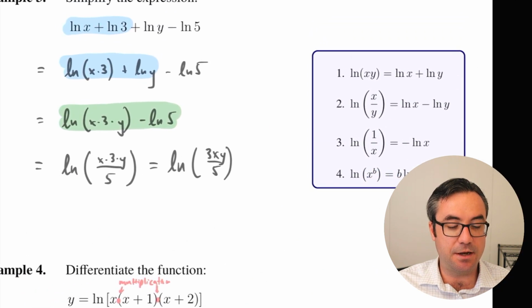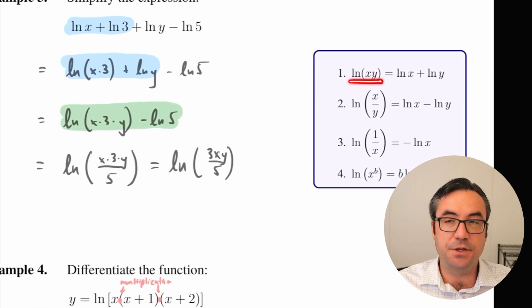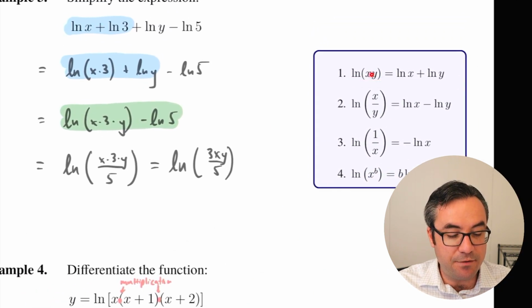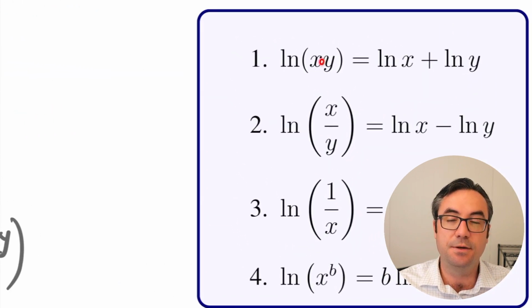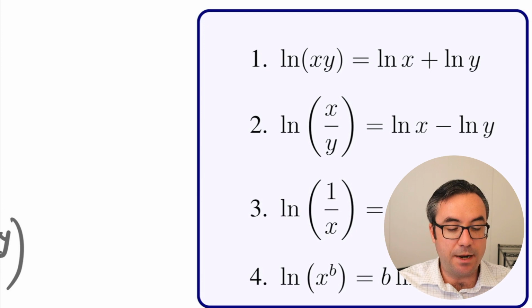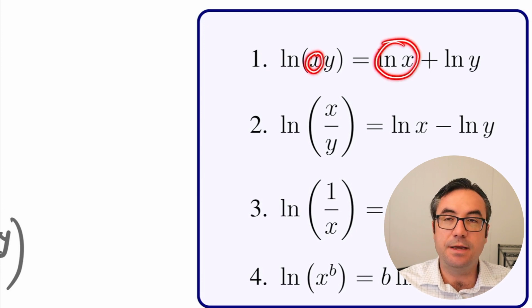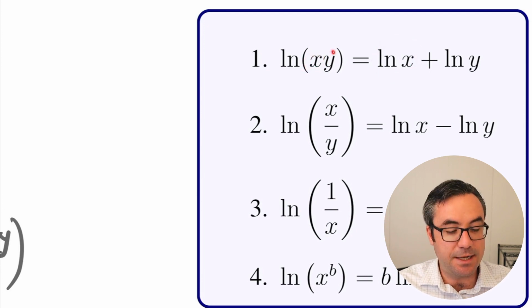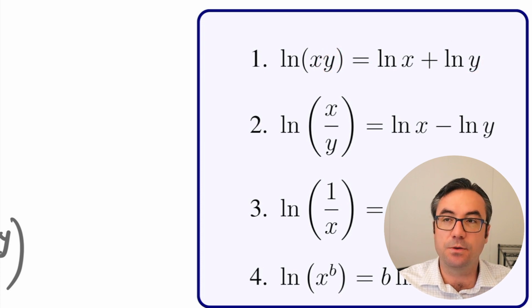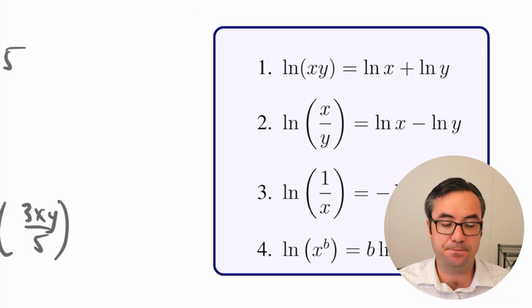And that's because of this property right here. If we have multiplication going on inside of the log expression, well, we can break it up. Take the first part, it gets its own natural log. Take the second part, it gets its own natural log. And then that multiplication essentially gets converted into addition.